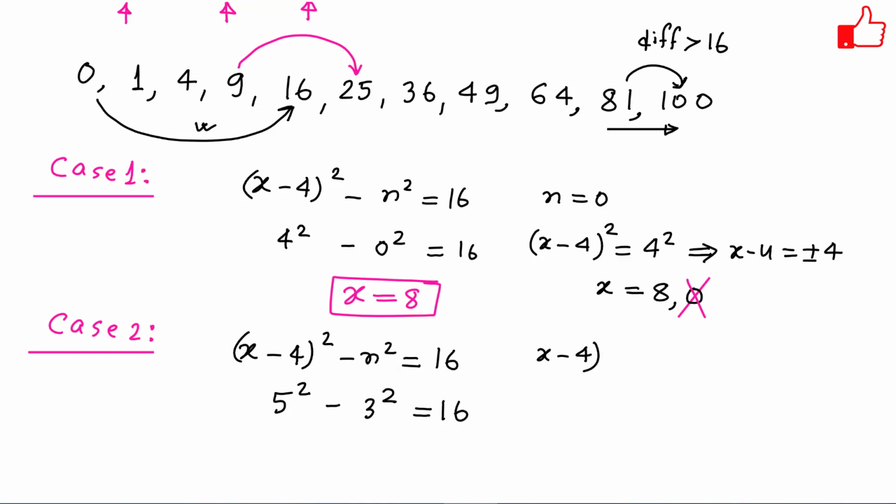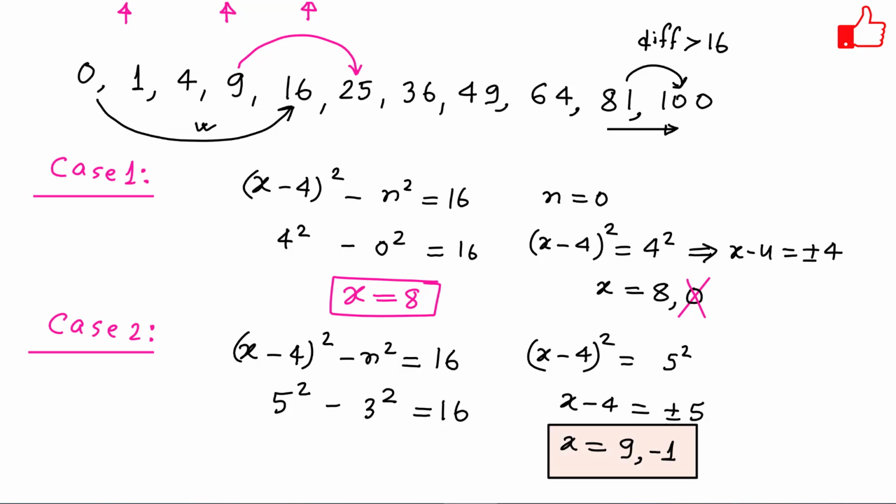So (x minus 4) whole square is equal to 5 square. So from here I can say x minus 4 is equal to plus minus 5. This means x is equal to 4 plus 5, 9, or minus 5 plus 4, that is minus 1. So two possibilities you have, that is x is equal to 9 or minus 1, and from the previous case x is equal to 8.